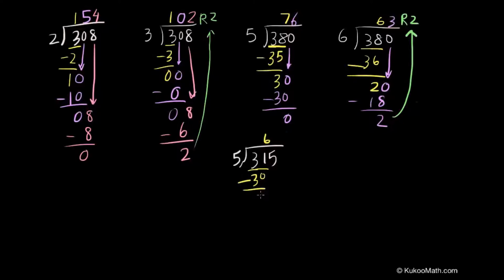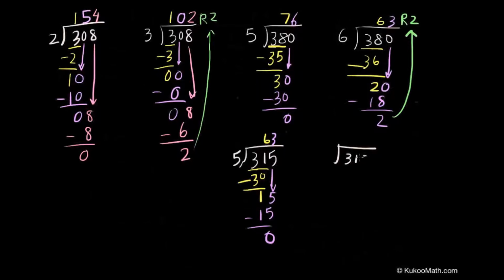And let's subtract, and we get 1. Then our next step is to bring down the 5, and we have 15. Then we divide again, 15 divided by 5, and that fits perfectly. So 5 times 3 is equal to 15. Then we multiply and subtract, and we get 0, so there's no remainder. And so our answer is perfectly 63.